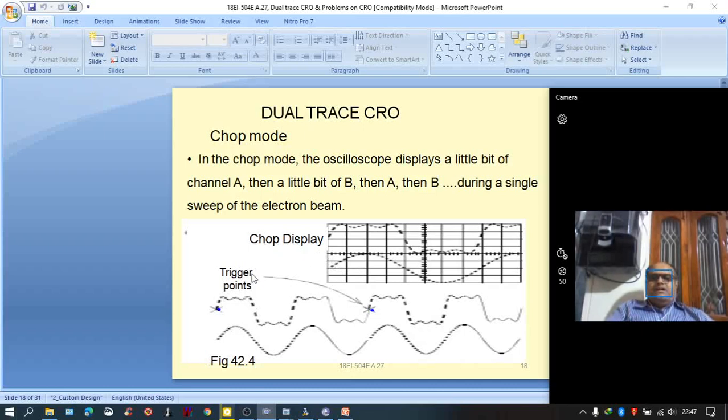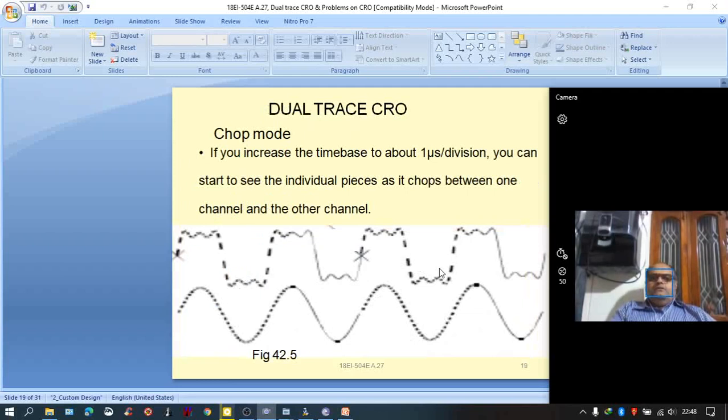Because the channels are changed at a very fast rate, both channel A input and channel B input appear on the screen continuously. And because of the fluorescence and the persistence time of the phosphor material used, we can find a continuous waveform of channel A as well as channel B using chop mode, like this.